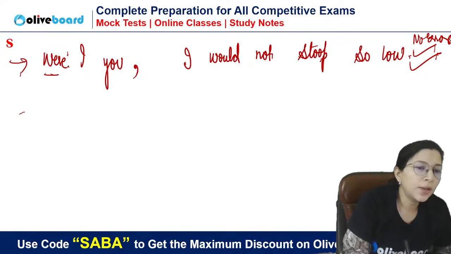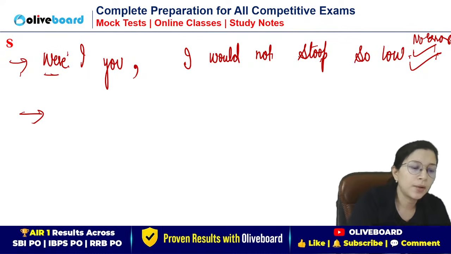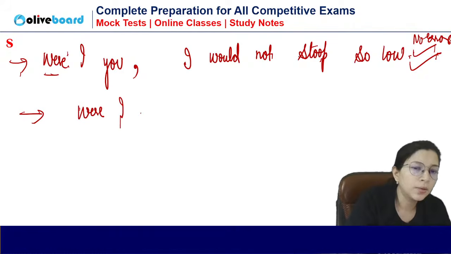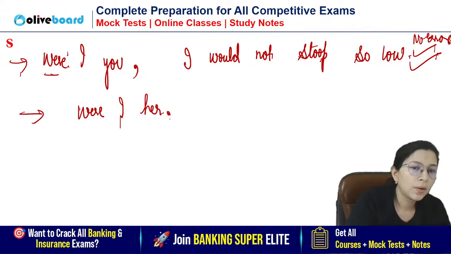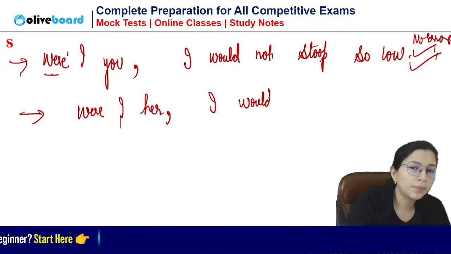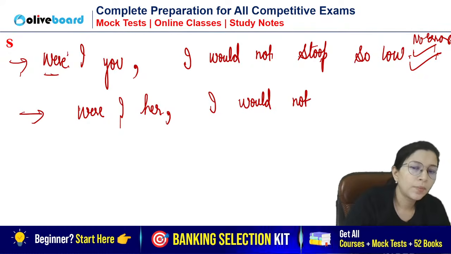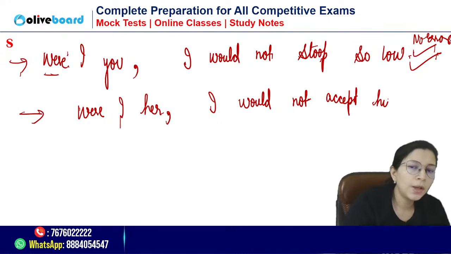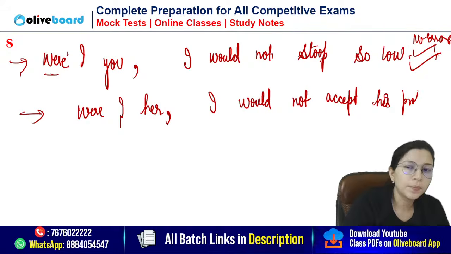Acha, I'm giving you one sentence. Tell me the error. Were I her, I would not accept his proposal. Let me see who gives the error here.